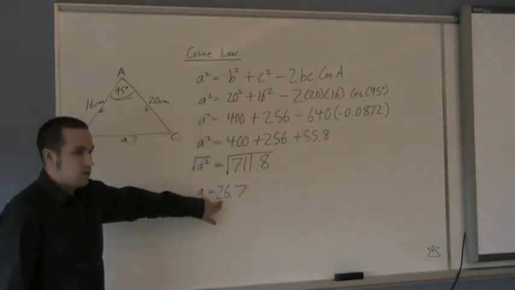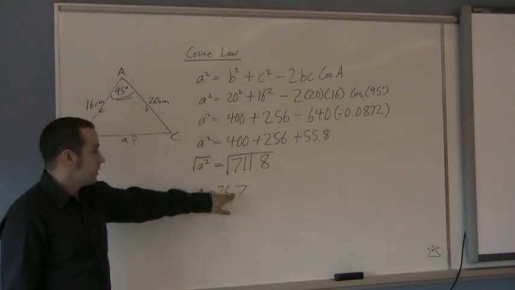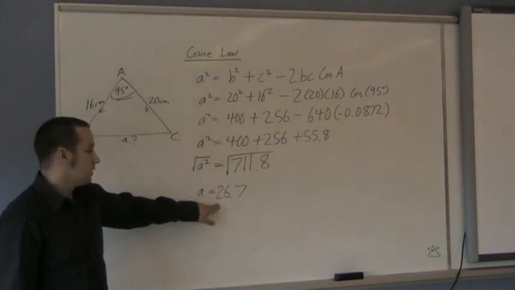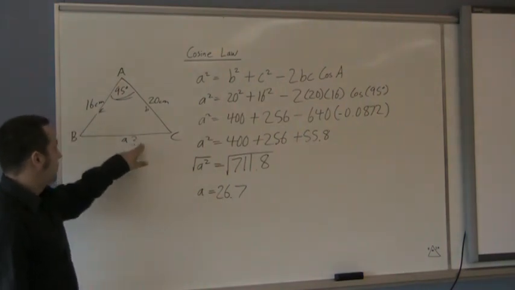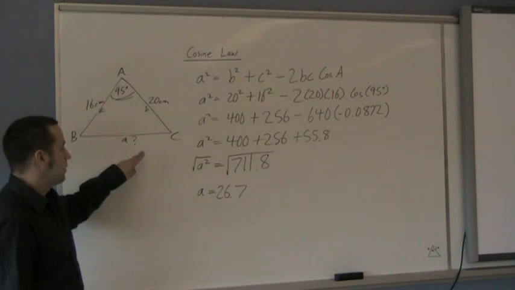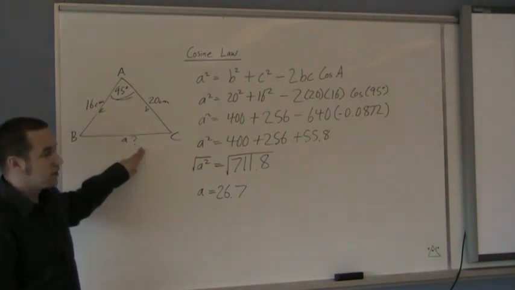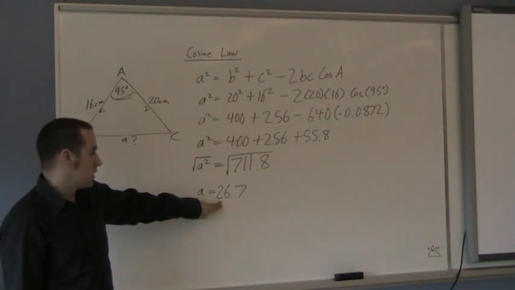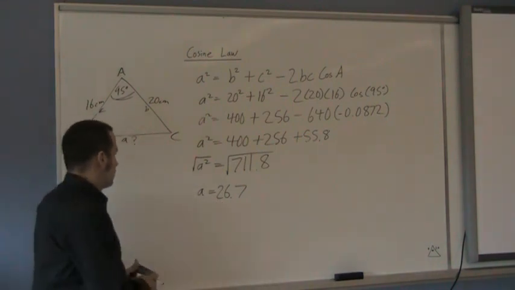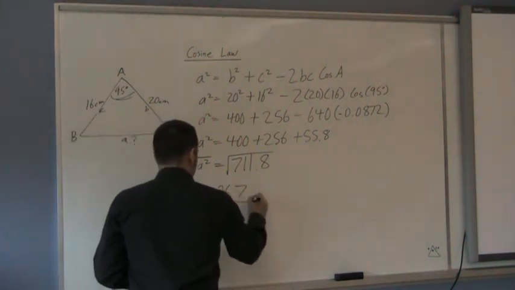Remember again that since I'm taking the square root of a number, it is a positive or a negative, so technically I have plus or minus 26.7. But in the context of my question, since my distances are positive, I'm not going to report a negative distance as an answer. And so only the positive one counts as an actual answer. So that is the distance for A.